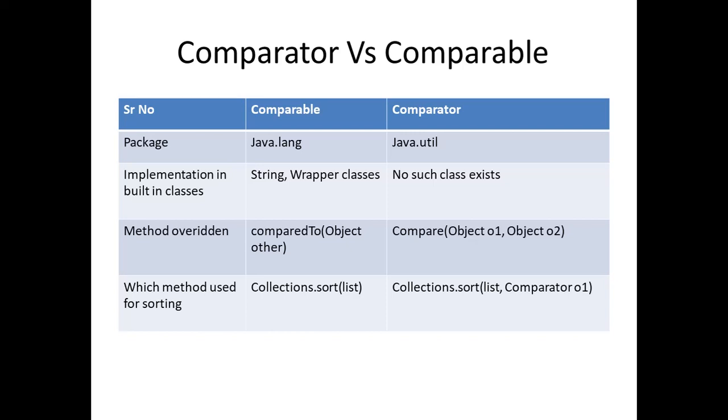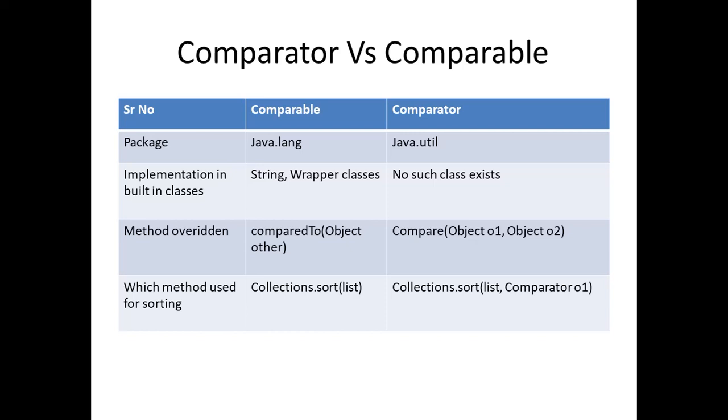Which method is used for sorting, if at all? If you have to sort a list whose elements have the comparable interface implemented, then it is Collections.sort.